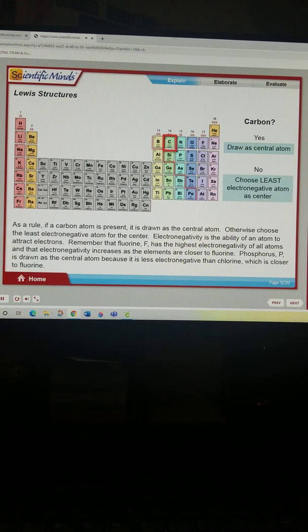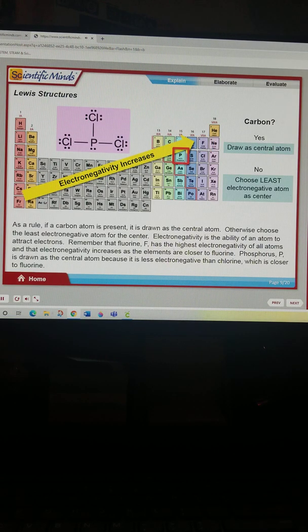Otherwise, choose the least electronegative atom for the center. Electronegativity is the ability of an atom to attract electrons. Remember that fluorine, F, has the highest electronegativity of all atoms, and that electronegativity increases as the elements are closer to fluorine. Phosphorus, P, is drawn as the central atom because it is less electronegative than chlorine, which is closer to fluorine.